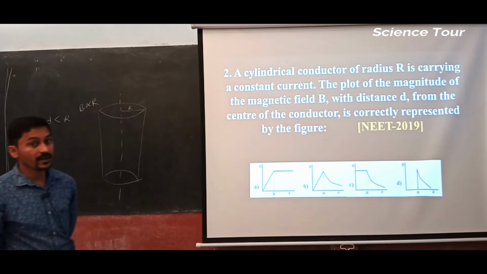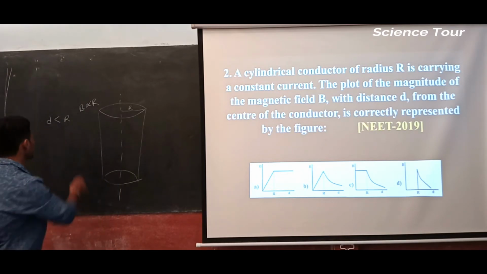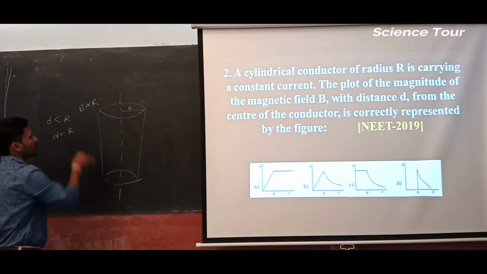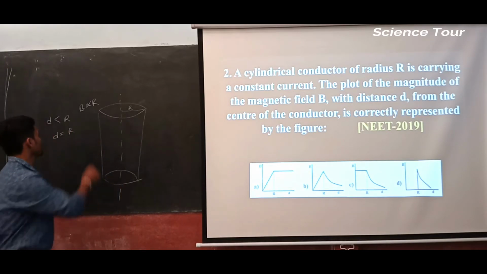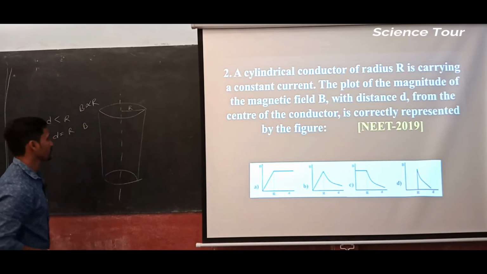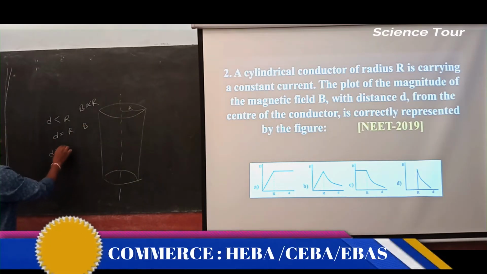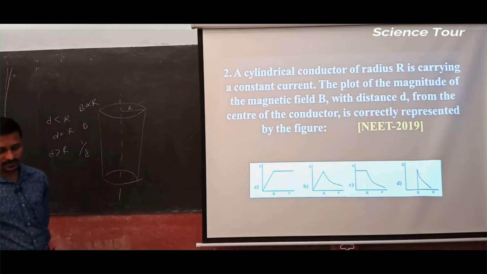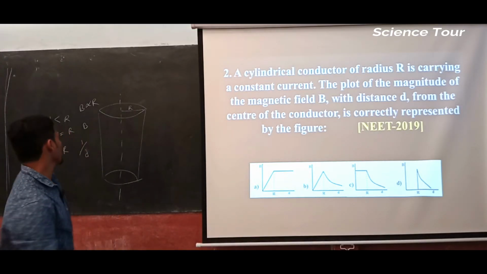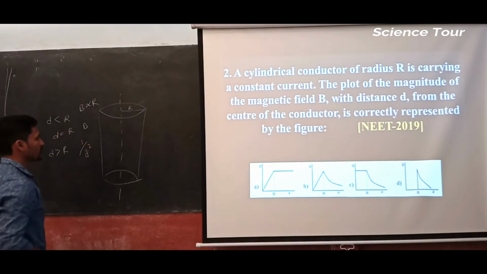When it reaches the surface, when d equals R, it becomes maximum. And when d is greater than R, it is inversely proportional to d, so B is going to become less.